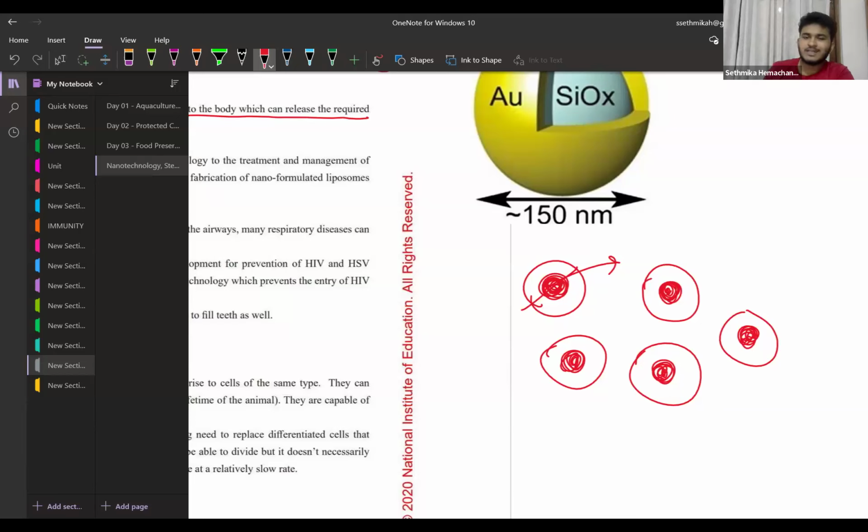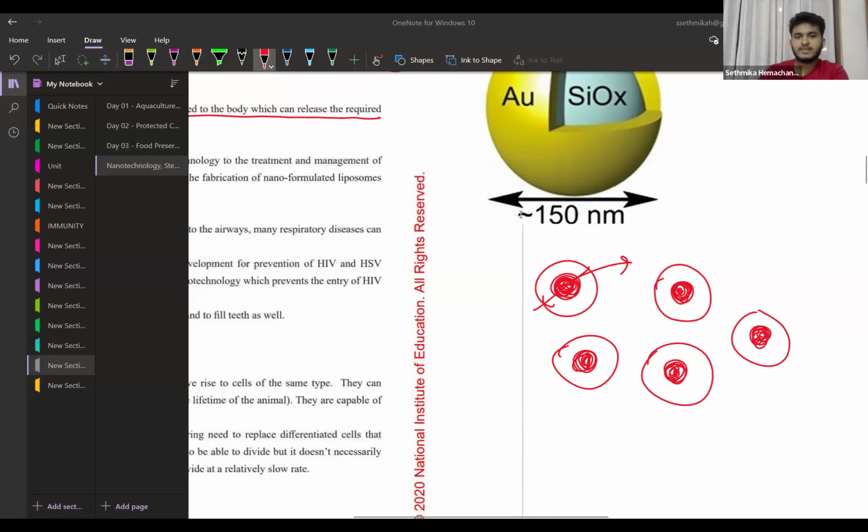So these nanoparticles have insulin stored. They are like small concentrated packets of insulin. And according to the blood glucose level changes, these packets are broken and the insulin is released and it decreases the blood glucose level, right? That's what happens.